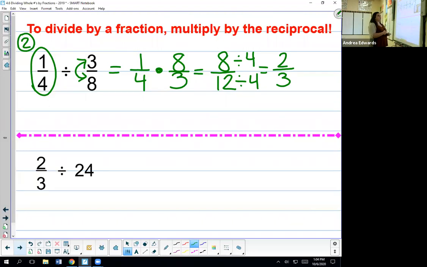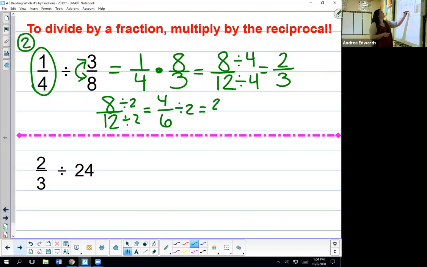I'm a little concerned how you got that. Remember, you could at least cut it in half, dividing it by 2. You get 4/6, and then they're both even again, which is 2/3. This is just a faster way, and it still gives you the same result.